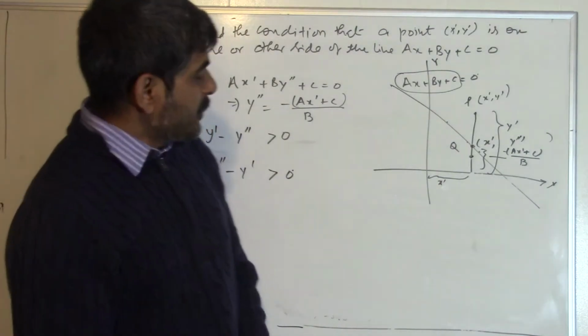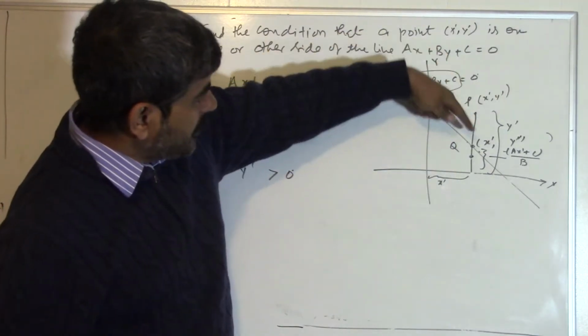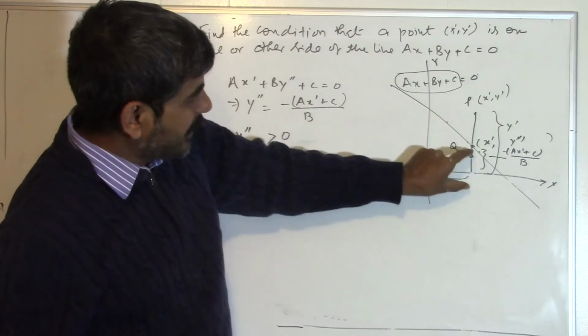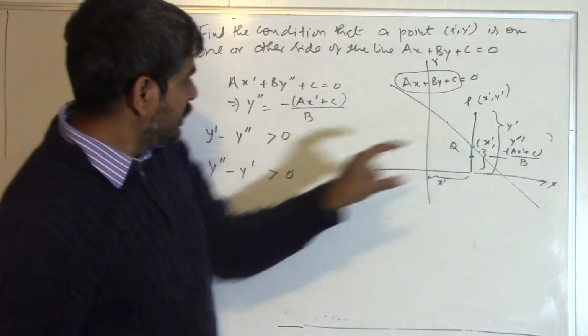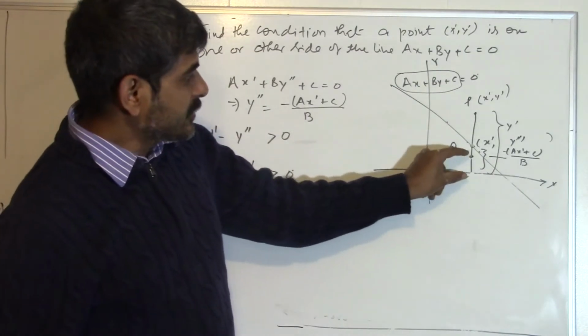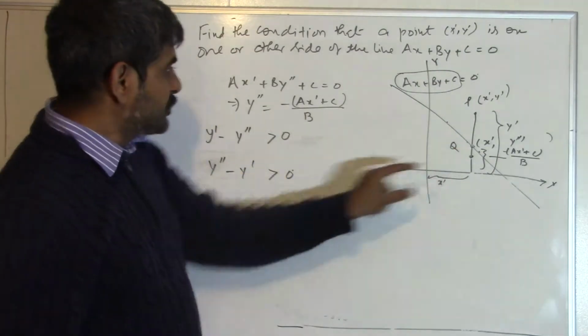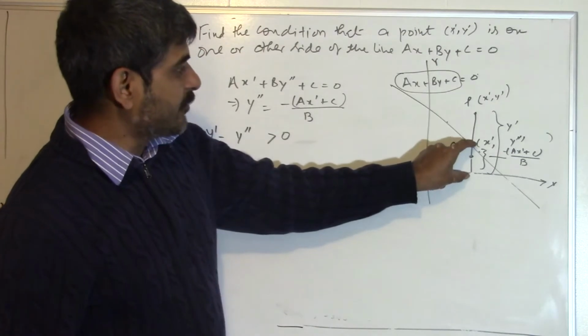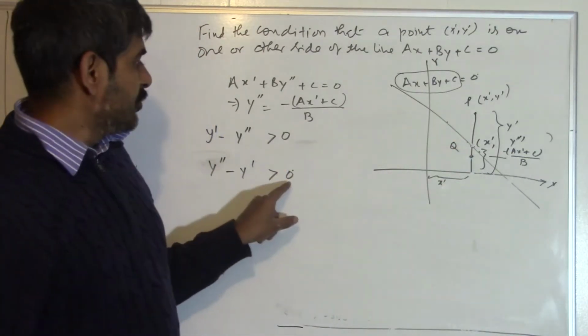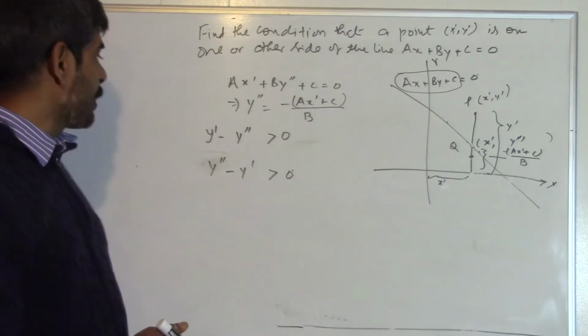So again, if this point P is on this side of the line, then this length will be greater than this length y double dash. That is the first condition. And if it is here, then this length y dash must be less than this length y double dash, or y double dash minus y dash must be greater than 0.